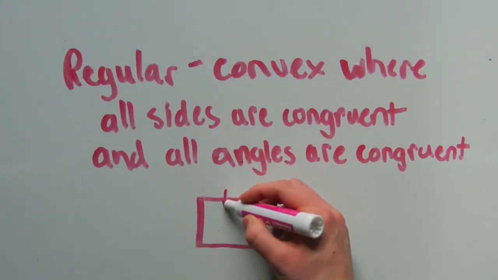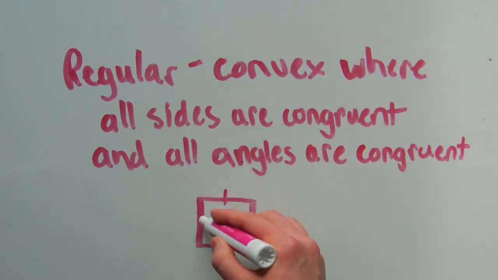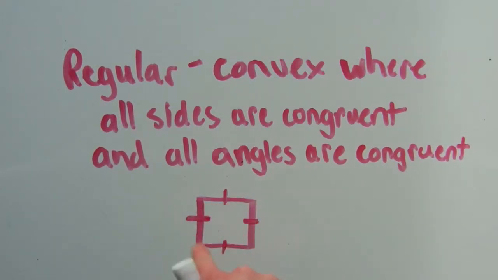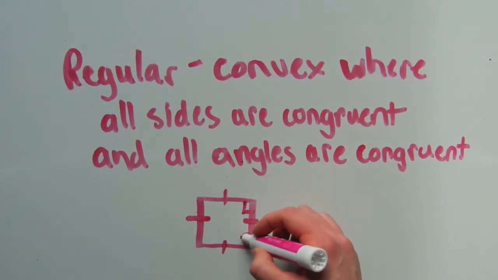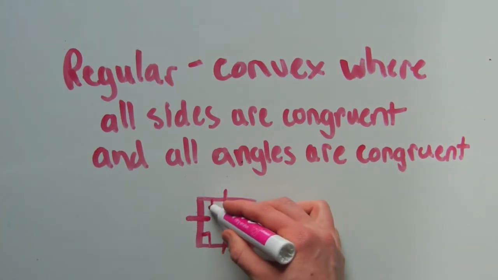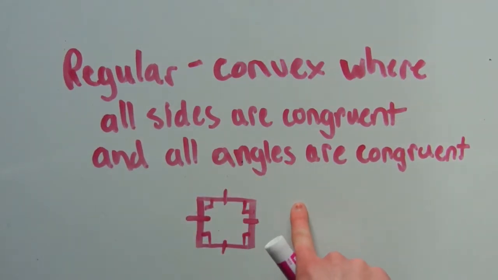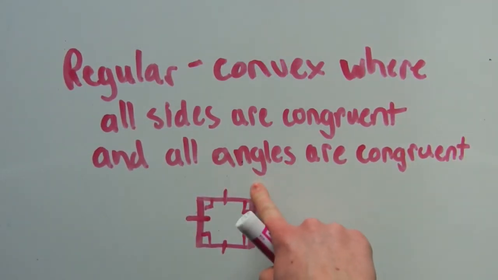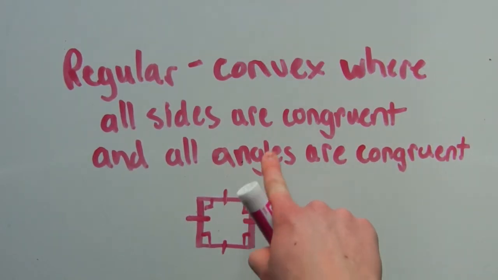The length of this side is congruent to this side, which is also congruent to the other two sides. So all sides are congruent. It's also convex because each of the angles are 90 degrees and less than 180. And since all the angles are 90 degrees, they're all congruent. So sides are congruent, angles are congruent, and it's convex.